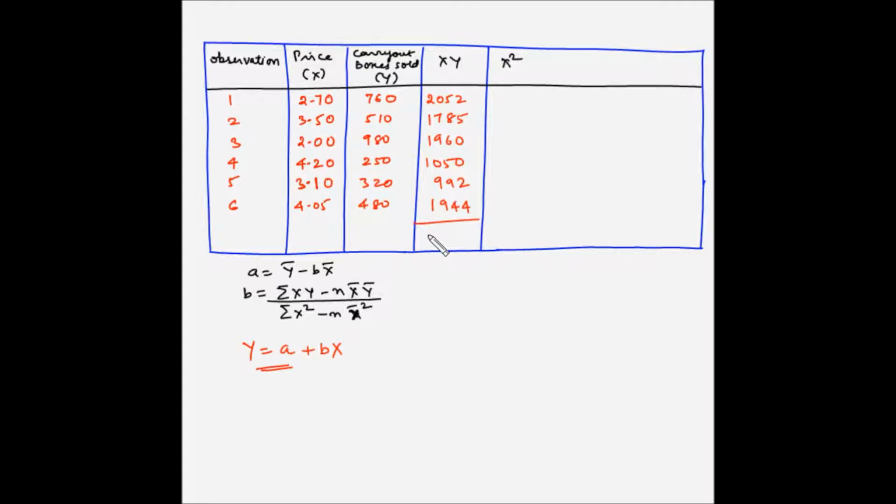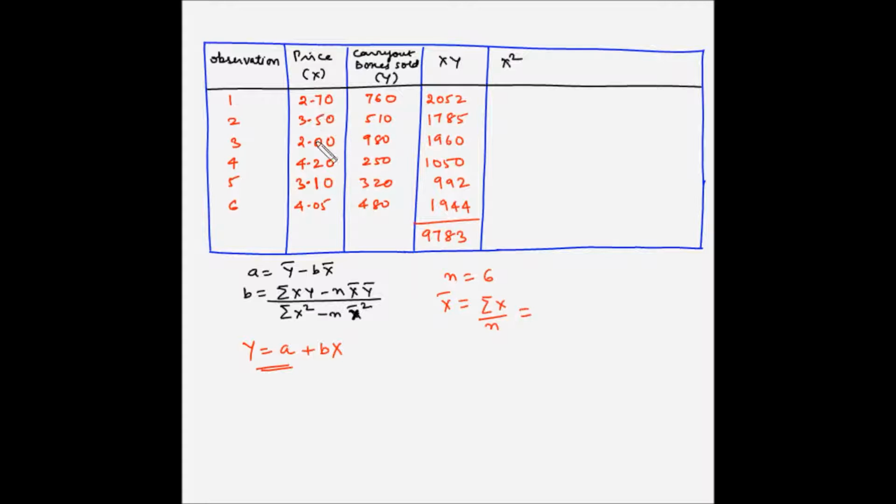So the sum comes out to be 9783. So we have the value of sigma xy. Now we have to find out x bar, y bar and n. N is the number of observations and we have 6 as the number of observations. X bar is sigma x divided by n.